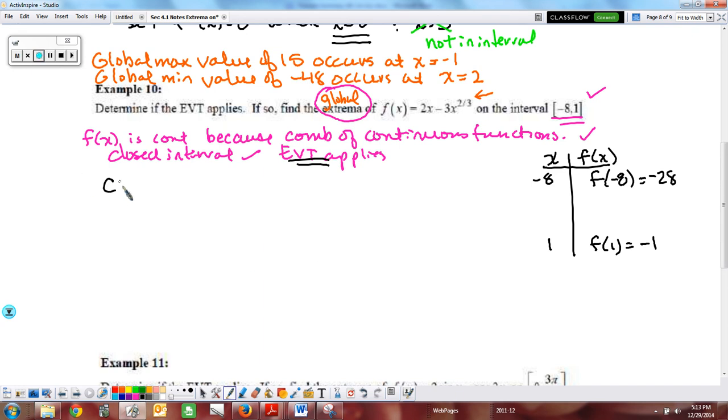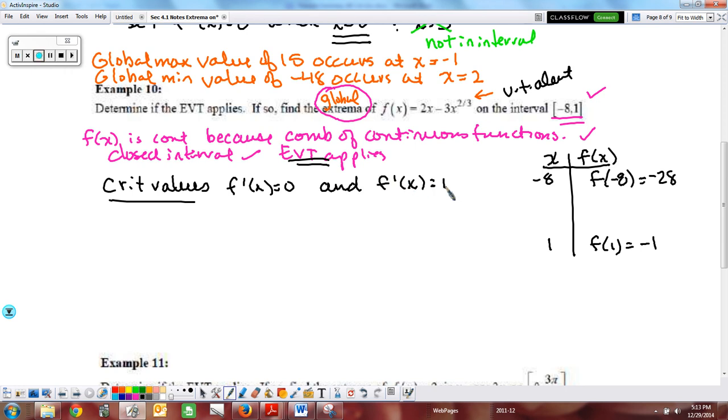Then I come over here and I'm going to find my critical values. We might have a vertical tangent alert. So I am going to check when the derivative is equal to 0, and I'm going to check when it does not exist. So I'm going to check both of those. So we first find our derivative. So we would have 2 minus 2x to the -1/3.